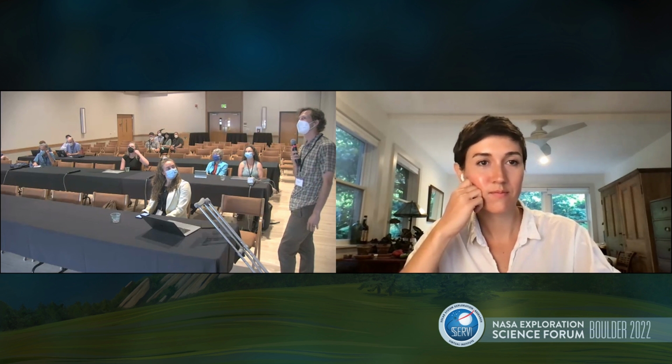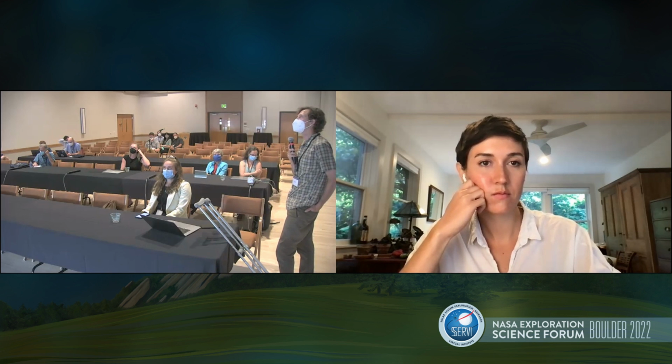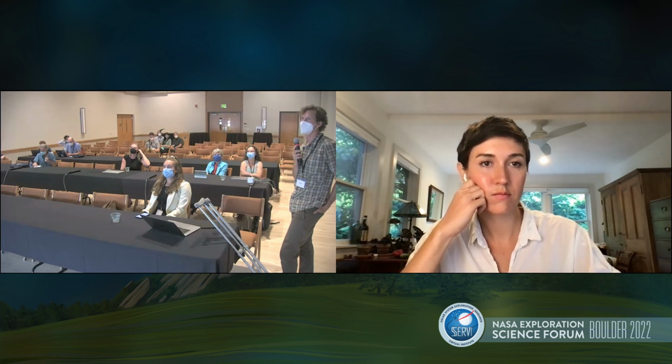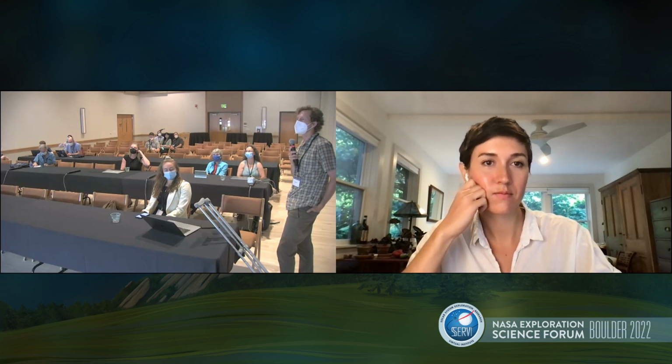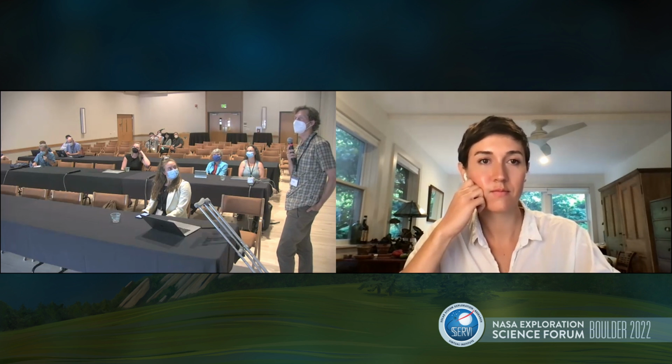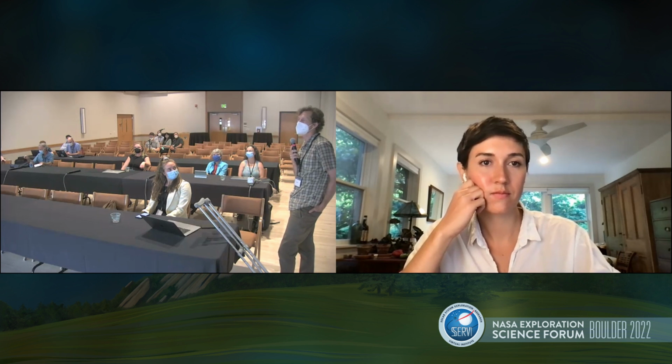So I'd say that there is some suggestive evidence that fine particles have been sequestered in the subsurface of Bennu. Whether they would be small enough to be considered dust, or that's where our millimeter or centimeter particles are, I'm not really sure. But I do think that we will find more and more smaller particles the deeper and deeper we dig in Bennu.